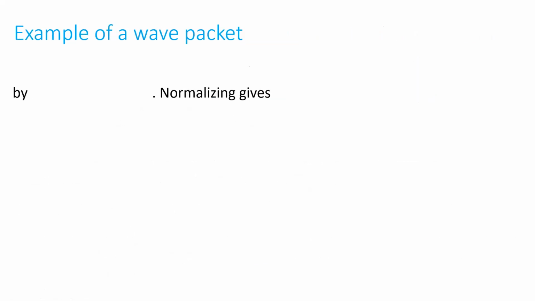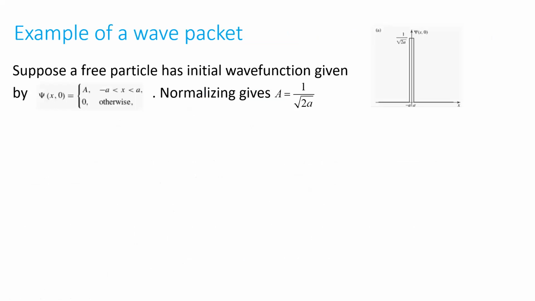All right, so let's do an example of that so we can visualize this a little bit. There's a lot of integrals and mathematics there. So suppose a free particle has an initial wave function given by psi of x, 0 is some constant capital A between minus lowercase a and positive lowercase a, and it's 0 otherwise.